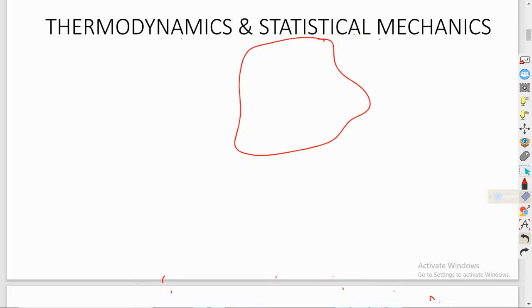Thermodynamical identities also have to be studied during any rigorous study of thermodynamics. So here we will go over some of the terminologies which are used in thermodynamics and identities.